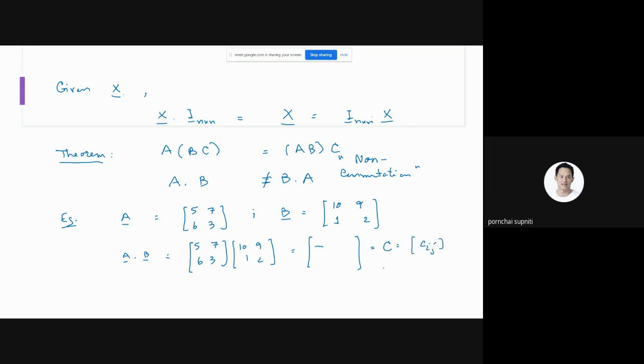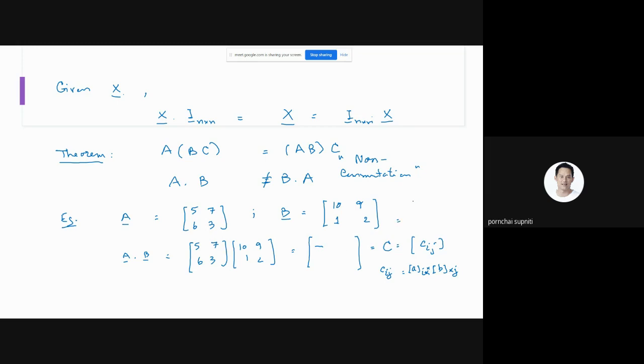The value at Cij comes from row i of matrix A multiplied with column j of matrix B. Row i, and then column Xj.